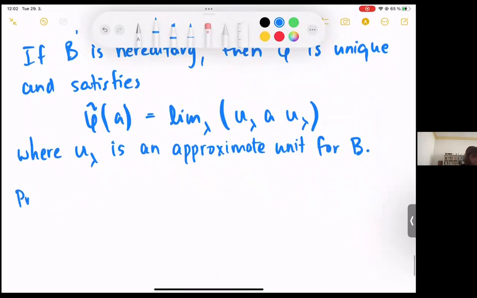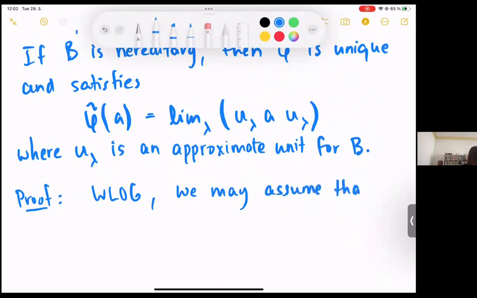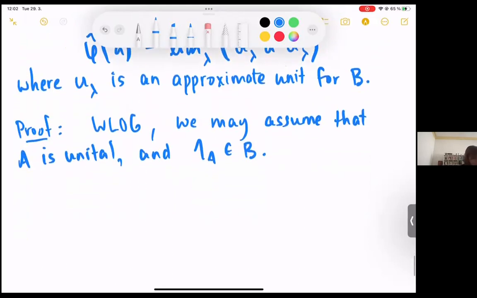Okay, so by the previous result, without loss of generality, we might as well assume that A is unital and that B is also unital, by which I mean it contains the unit of A. And by the Hahn-Banach theorem, we know there at least exists an extension of functionals.